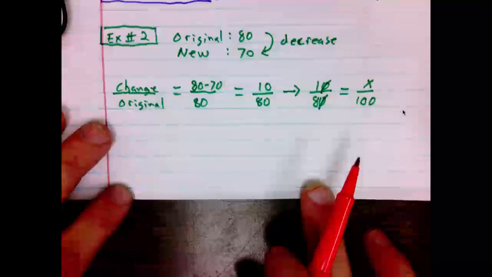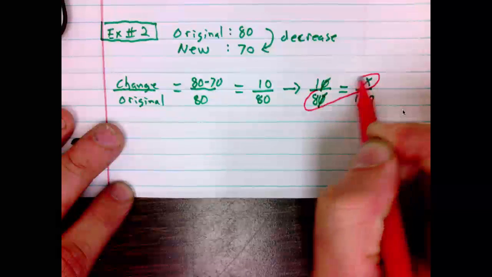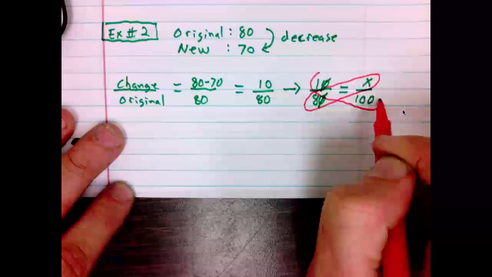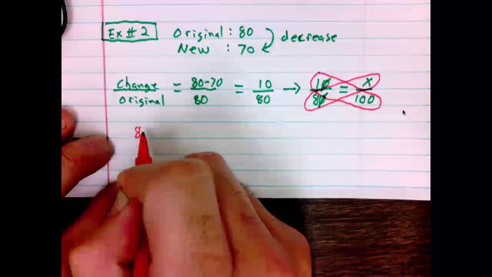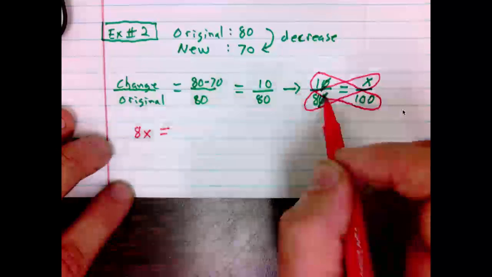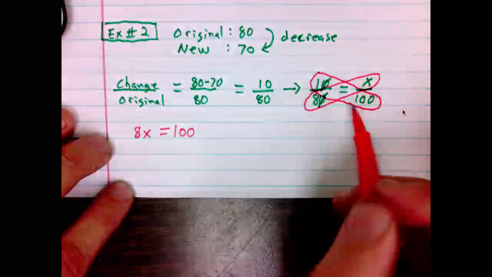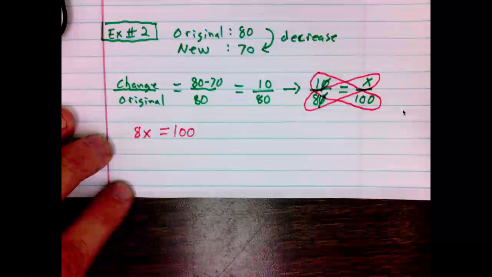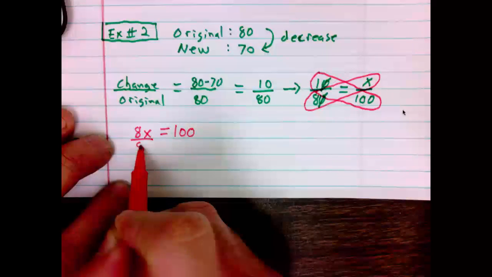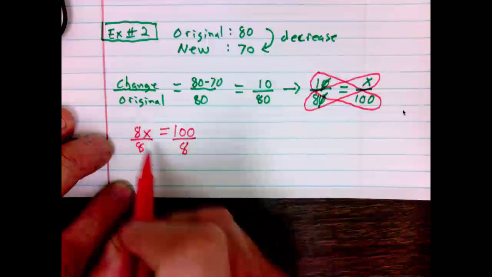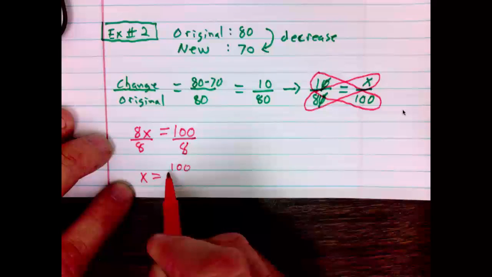So we will go with our cross multiplication. 8 times x and 1 times 100. 8 times x yields 8x. 1 times 100 is 100. We set these two products equal to each other. Now solving for x, we will divide by 8 on both sides. The 8's cancel to leave x is equal to 100 divided by 8.